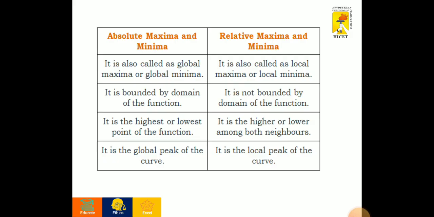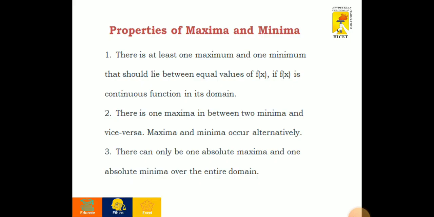Absolute maxima and minima are the highest or lowest point of the function, whereas relative maxima and minima are the higher or lower among both neighbors. Absolute maxima and minima are the global peak of the curve, whereas relative maxima and minima are the local peak of the curve.